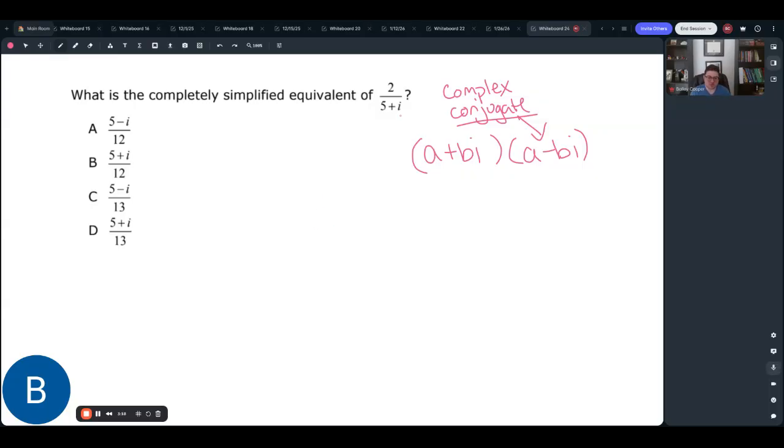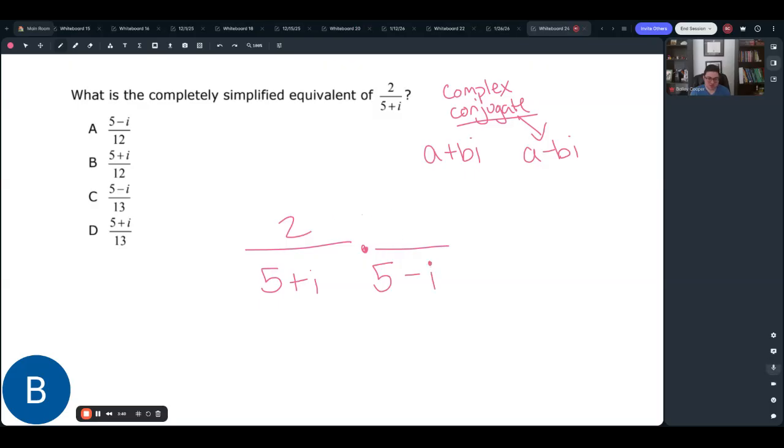So let's just go through this example here. Let's go 2 over 5 plus i, and we're going to multiply by the complex conjugate to 5 plus i, which is, like I said, we're just making the imaginary part negative. So we're keeping our real part 5, making this positive i a negative i.